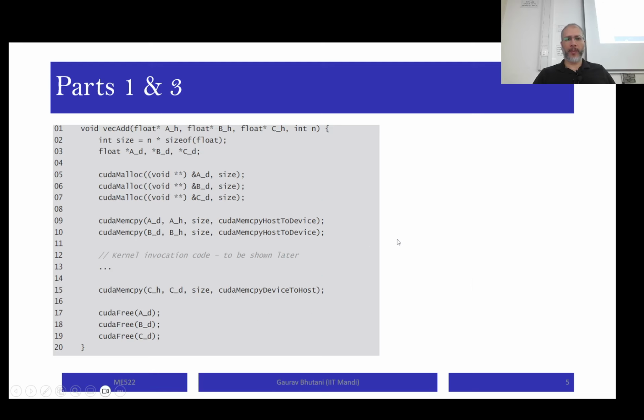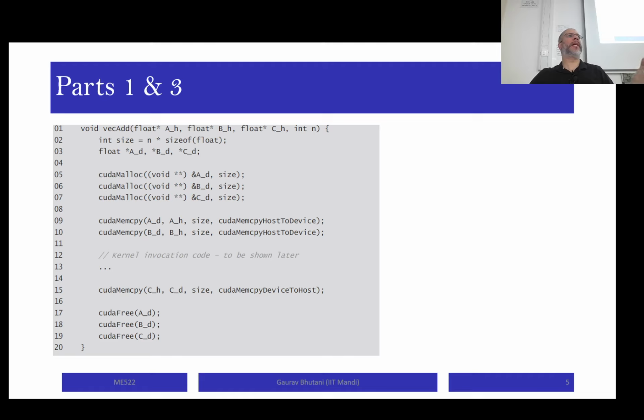Okay. So we showed you parts 1 and 3. For allocating space, the naming convention typically is such that you use an underscore D or D underscore. Sometimes you will say A underscore D, or sometimes D underscore A. Basically, it means that these are arrays which will be available on the device memory.